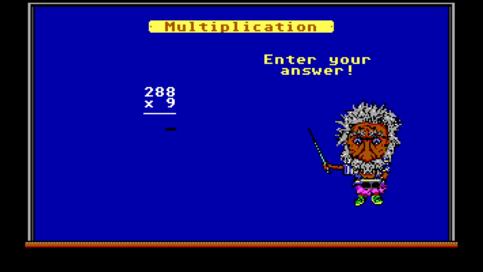Times 9. First multiply times 10, and then subtract the 1. So 2880 minus 288. So subtract 300, which would be 2580. And then add 12. So 2592.